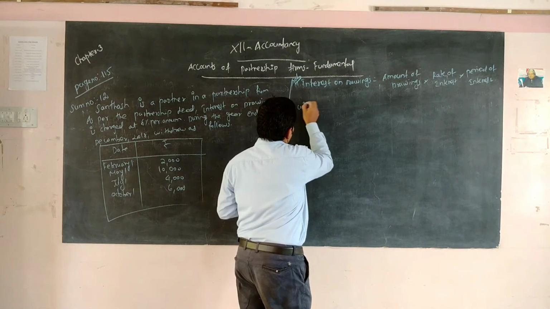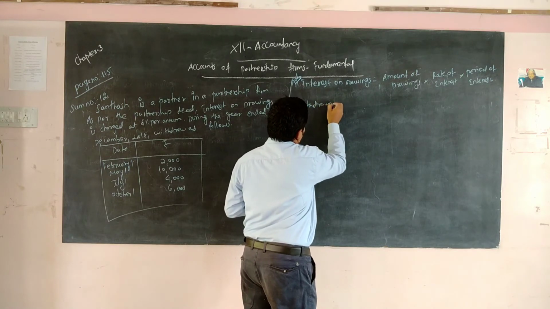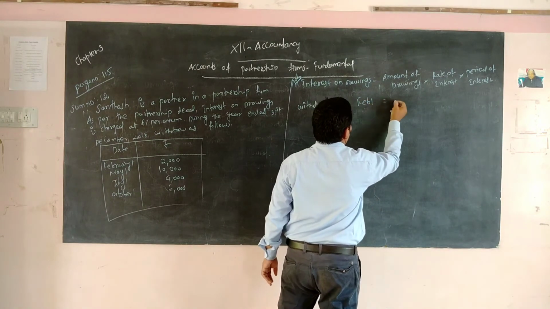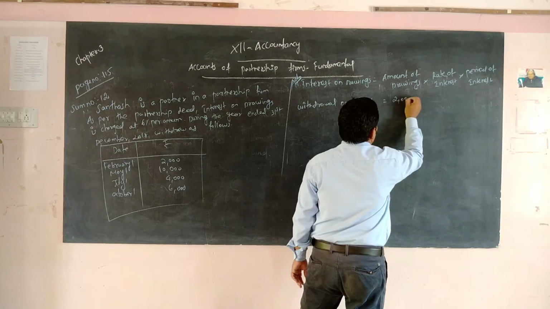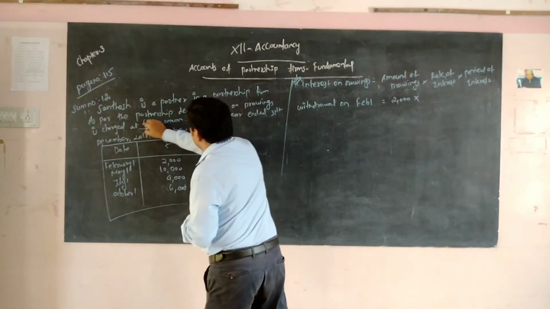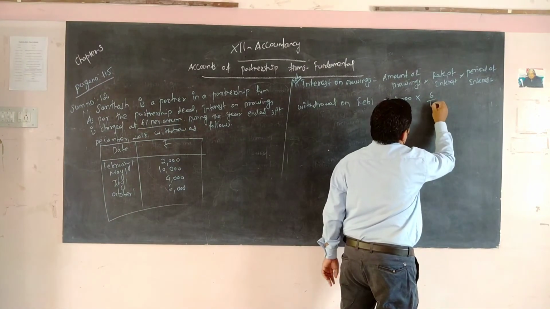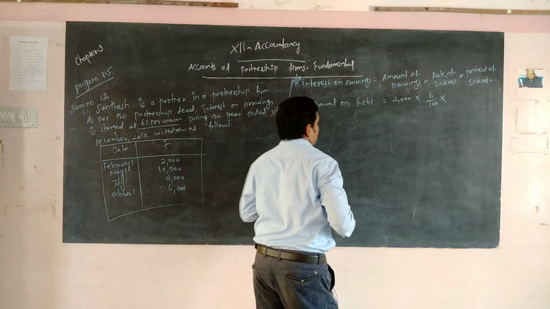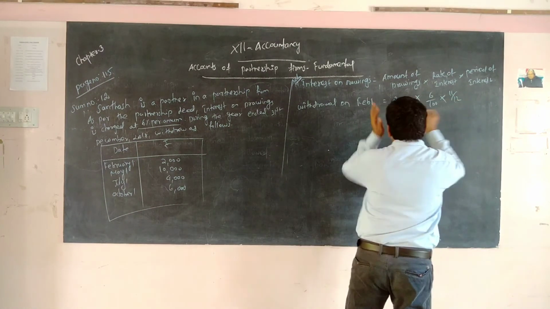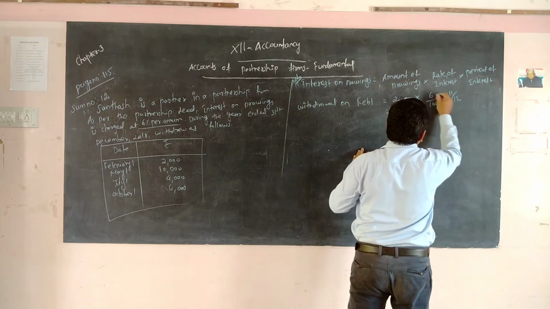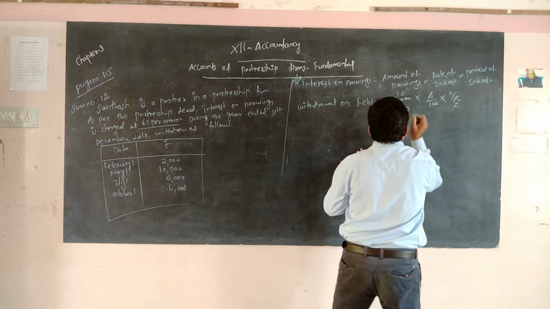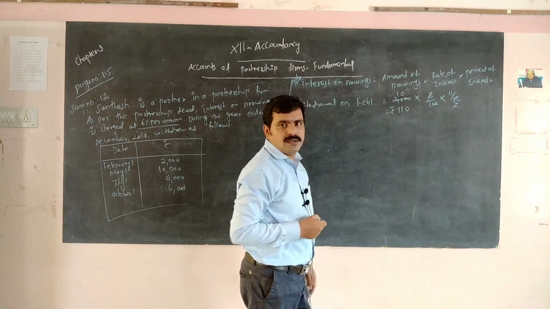Withdrawal on February 1: what is the amount? 2,000 into the rate of interest 6% per annum, 6 by 100, into February 1 to December, totally 11 months, so 11 by 12. The amount is 110.